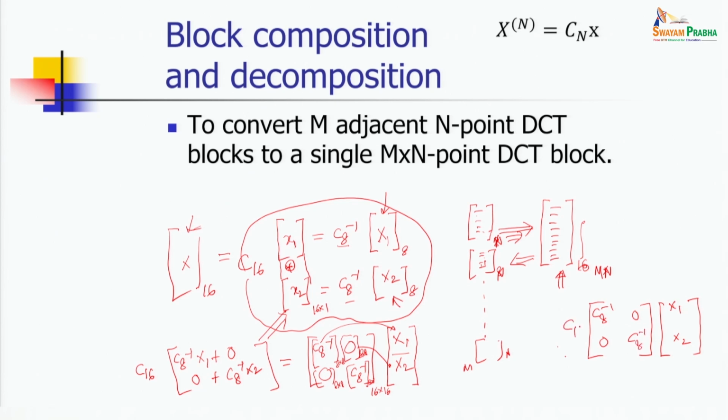And then you multiply with C16, that would give me the DCT of 16 points. If I multiply these two matrices, that would give me a transformation matrix, because matrix multiplication is associative, so these two can be composed. So, instead of multiplying in this way, I will directly multiply with this transformation matrix and I will get the block transformation. This matrix is called the block composition matrix.